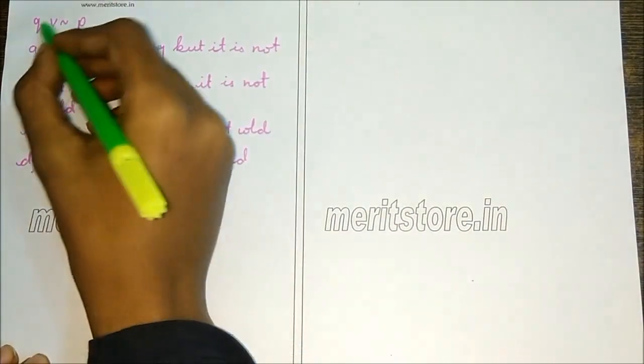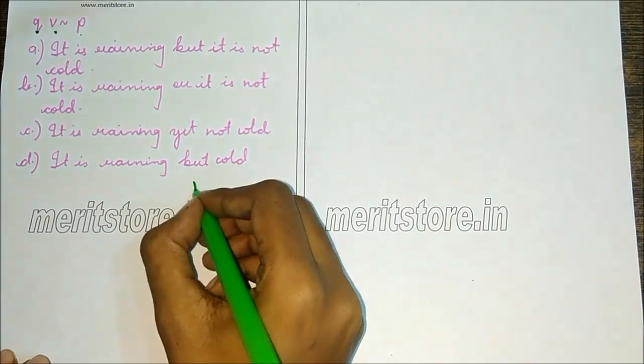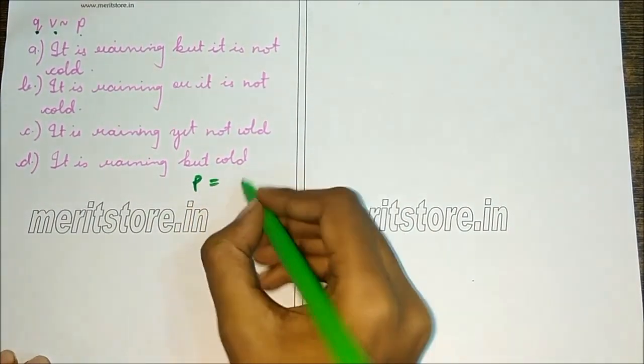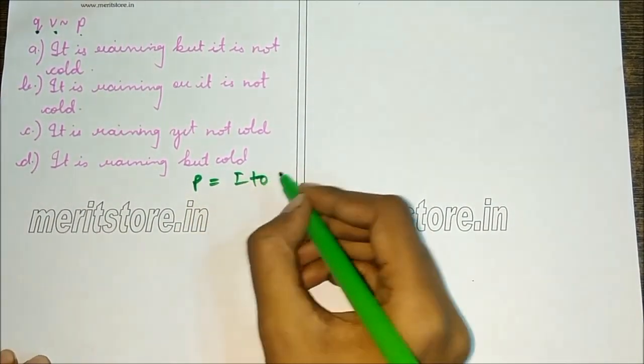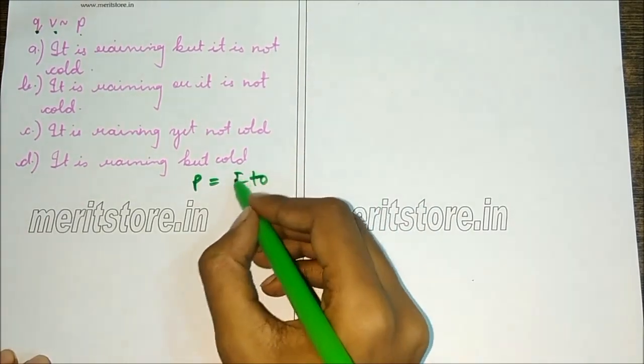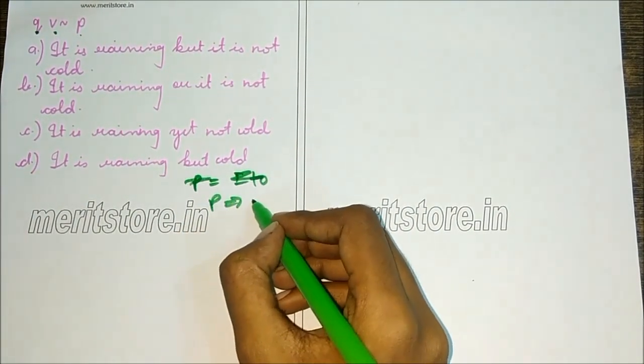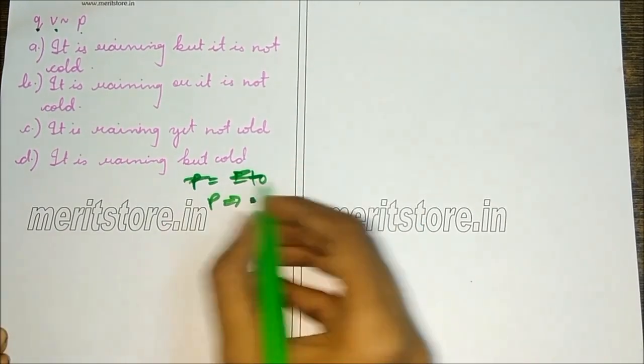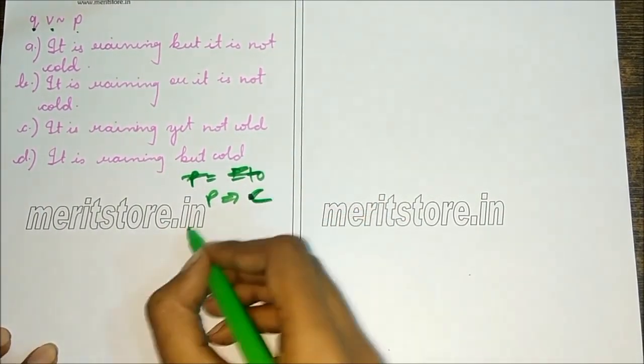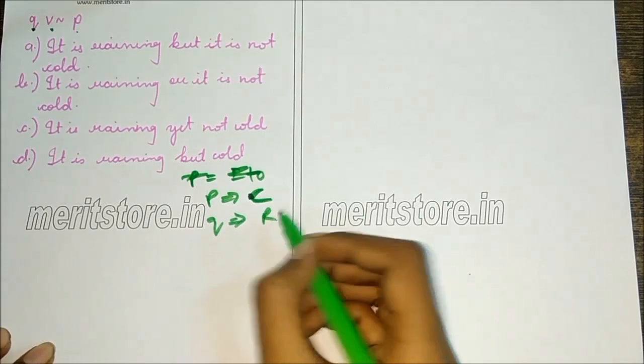The next symbol is Q or negation P. Now P stands for it is cold, and Q stands for it is raining.